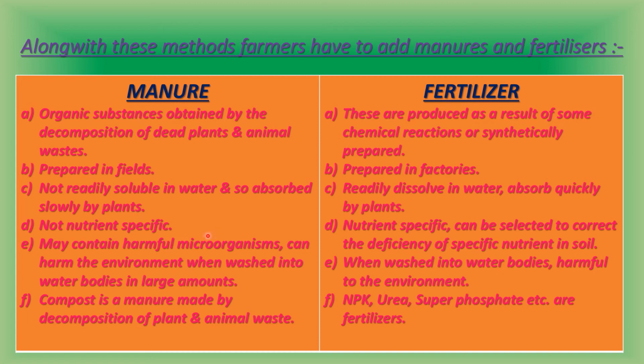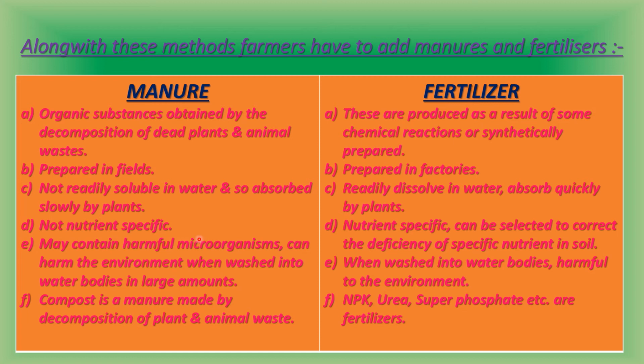Not nutrient specific means you are providing the manure to the crop, but it is not providing only a certain nutrient to the crop. It may have all the nutrients in different compositions. So in that case you can say it is not providing only a single type of nutrient. That's why it is called not nutrient specific.